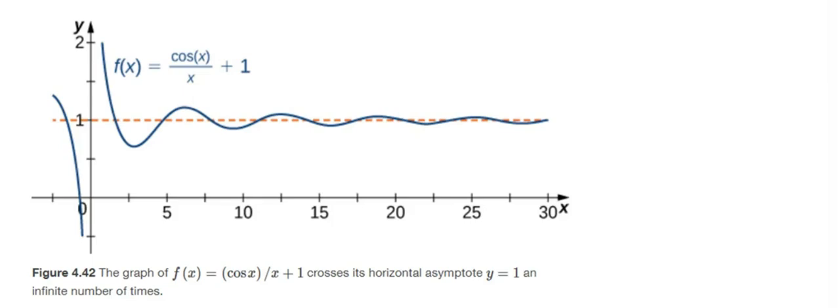So the function seems to almost coincide with the horizontal asymptote. This was just an example of how there are rare cases where we can find a function behaving differently when we have a horizontal asymptote.